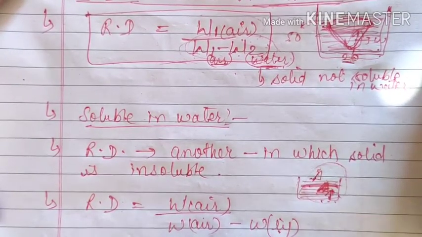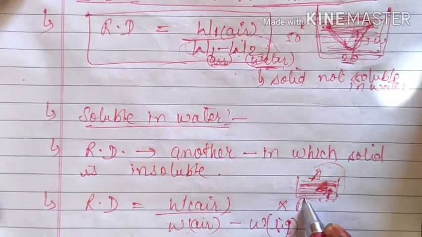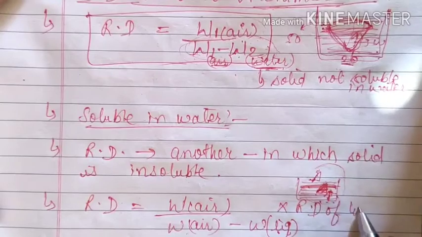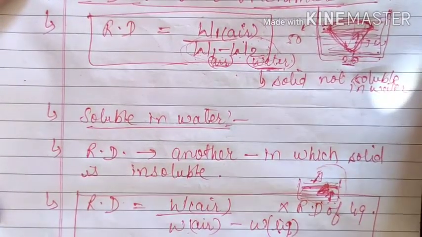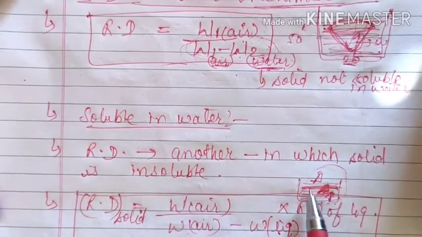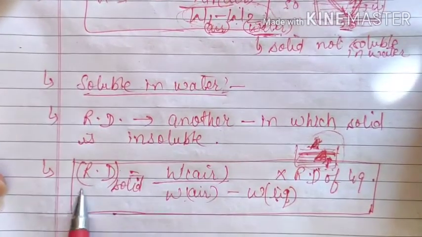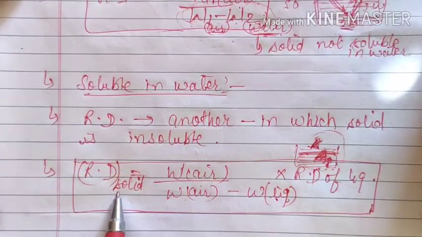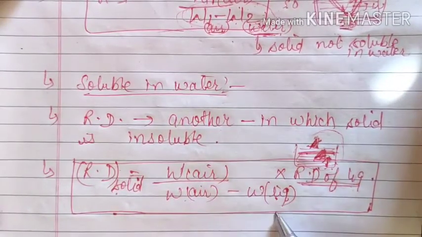In other words, you can say loss in weight, but along with that we will need one more thing, that is the relative density of the liquid. That means it should already be given in the question. See, this is the relative density of your solid object, which has to be submerged into the liquid, whereas this is the relative density of that liquid in which your object is insoluble.